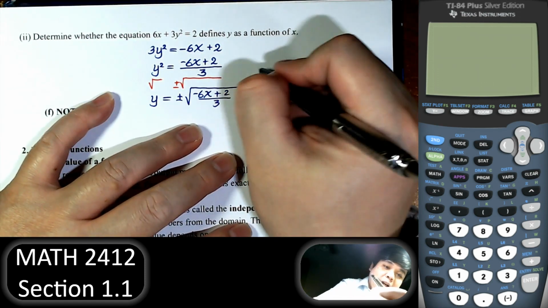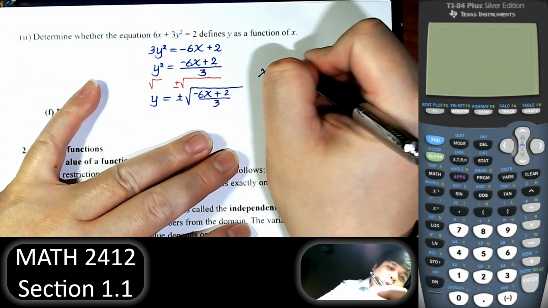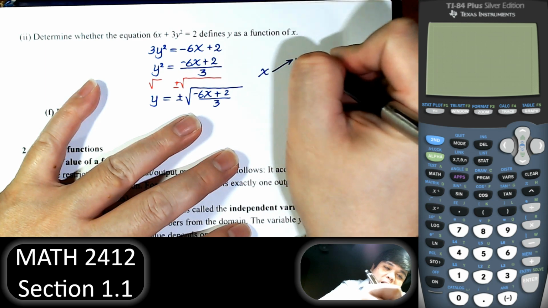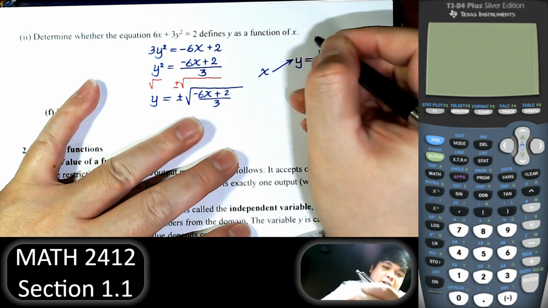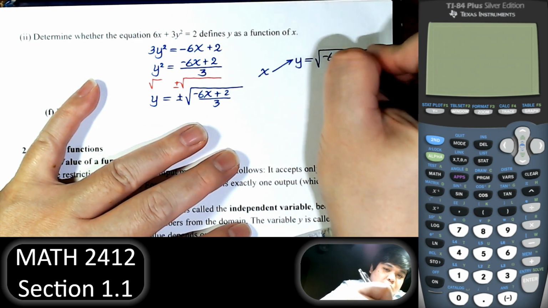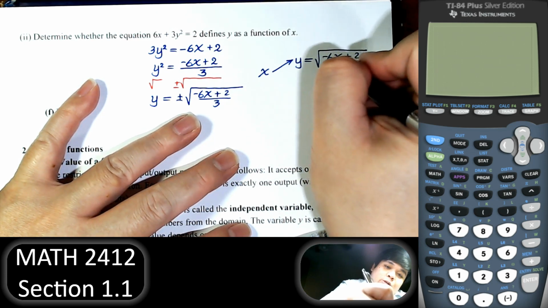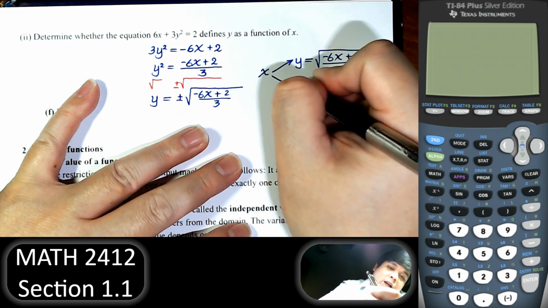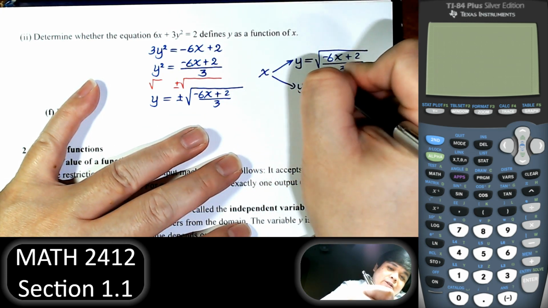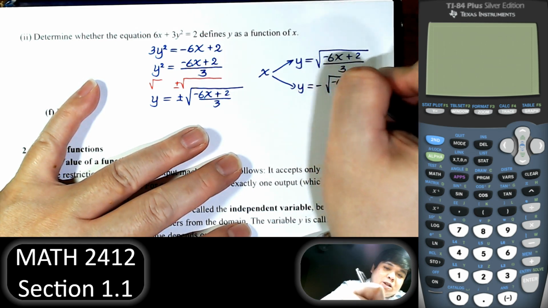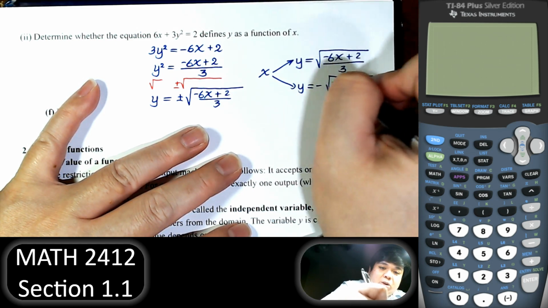So that means when we have one value for x, we will have one y that is equal to positive square root of (-6x plus 2) over 3, or y equal to negative square root of (-6x plus 2) divided by 3.